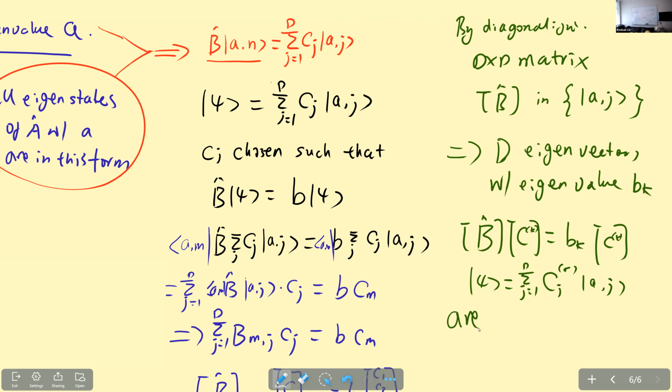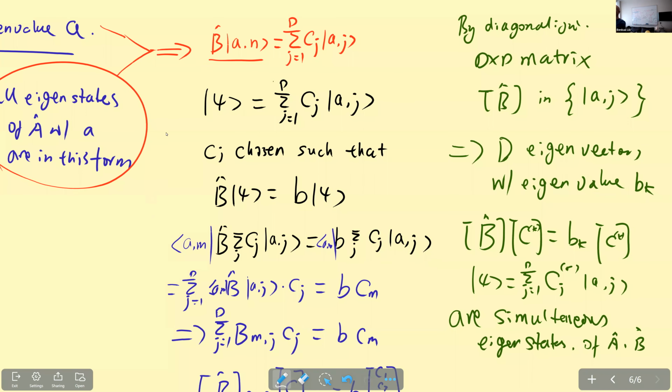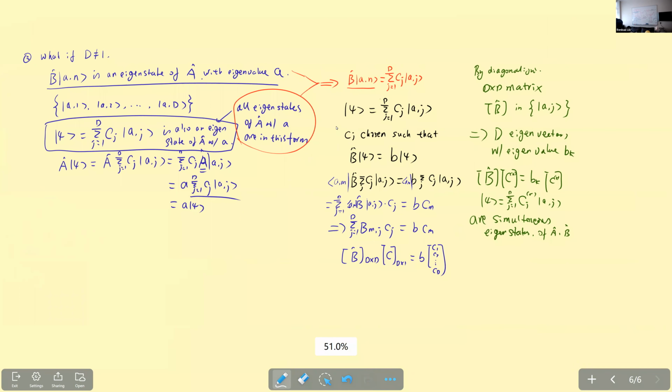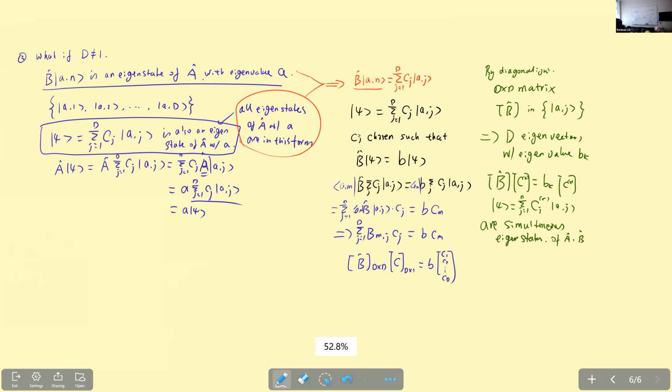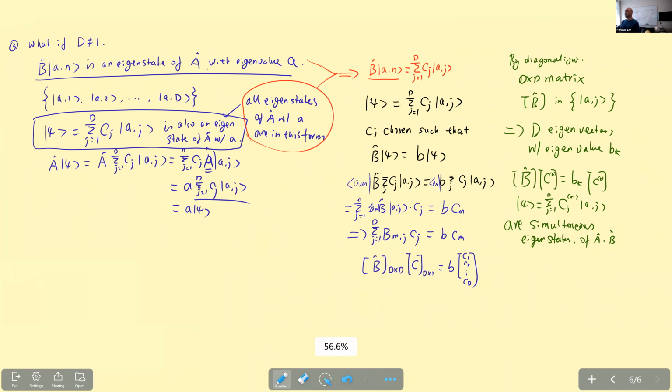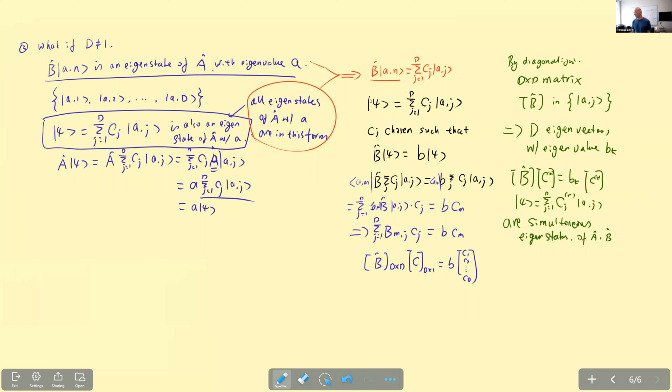So they are simultaneous eigenstates of A and B. Right, so that means we have proved that not only for the non-degenerate case, but also for the degenerate case, we can find the eigenstates that are simultaneously eigenstates of A and also eigenstates of B, as long as A and B commute, right?